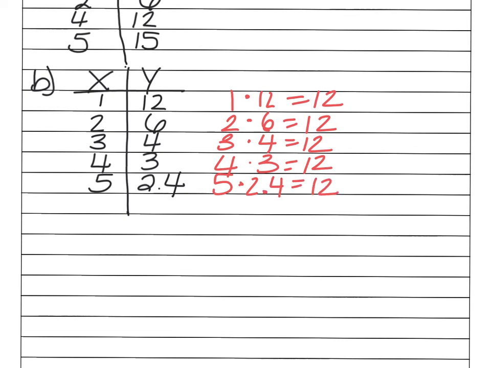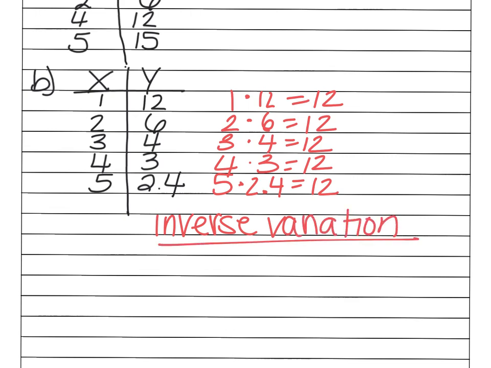Got to check them all. So here we look, they're all the same, so you have a constant k. So this is an inverse variation. And the other one is not an inverse variation.